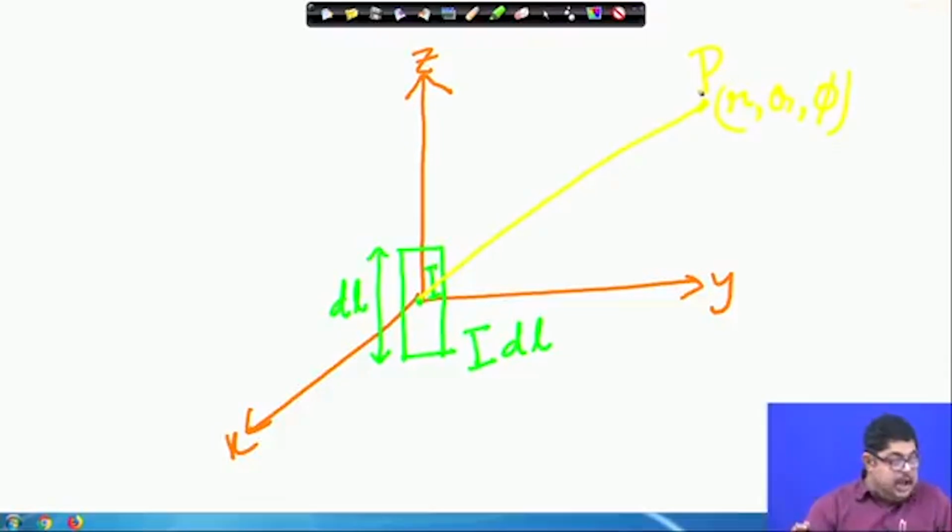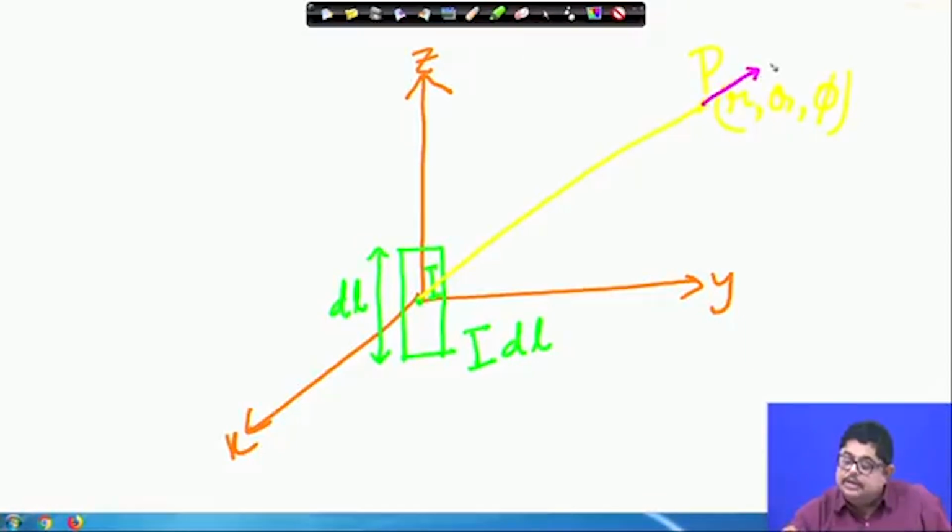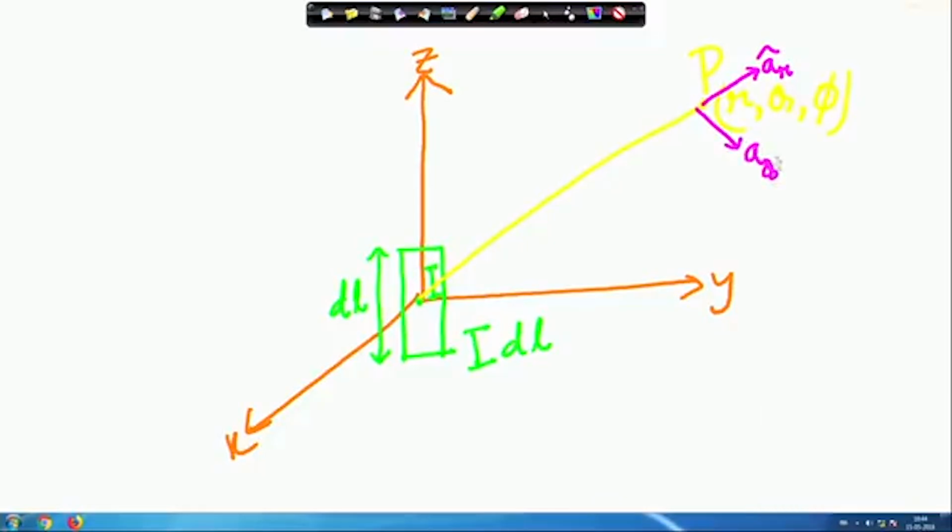So, at a point P we are interested to know what is the electric field, what is the magnetic field at that point. So, I again remind you that this is the direction of the radial vector at point P, the direction of the a theta vector will be like this, and the a phi vector is orthogonal, outside this plane, is this.